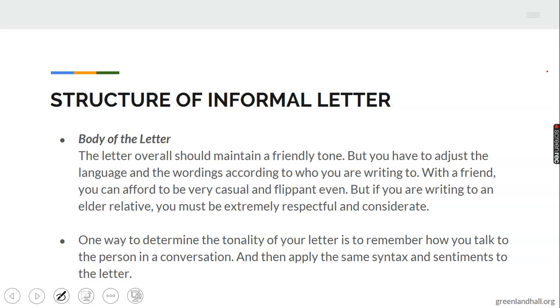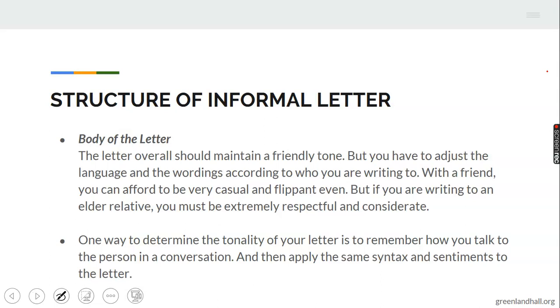That is what makes an informal letter informal. The tone is very, very friendly. Then, based on your relationship with the person, you have to be respectful and considerate also. If you are talking to a friend, you know how to express yourself. Then to your parents, you know you have to be respectful.